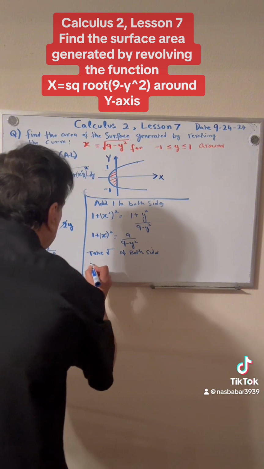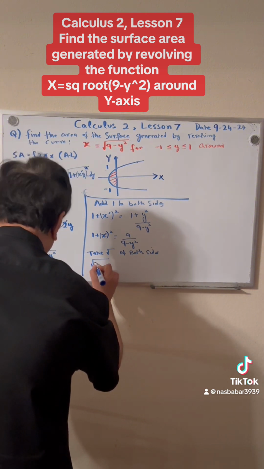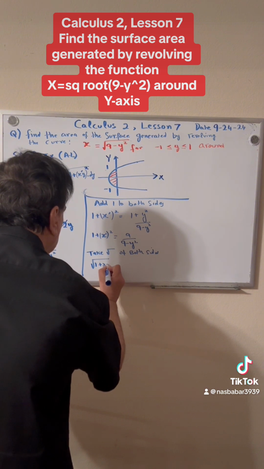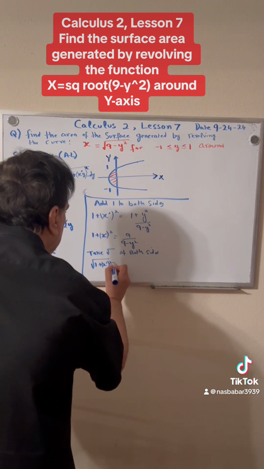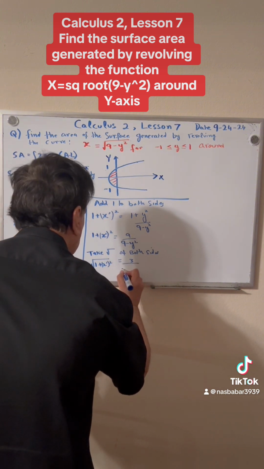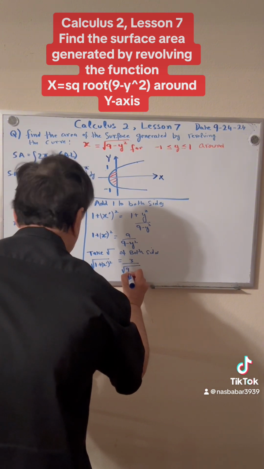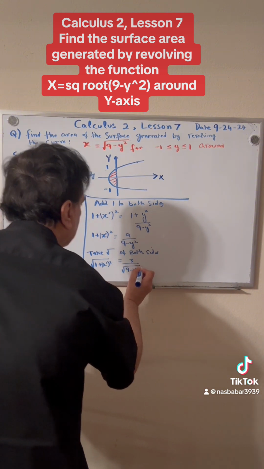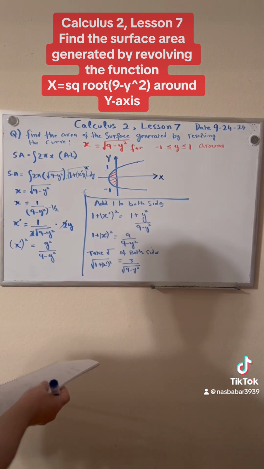Once we do that, we get the square root of 1 + x prime squared is equal to 3 over the square root of 9 - y^2. Again, I'm just applying algebra.